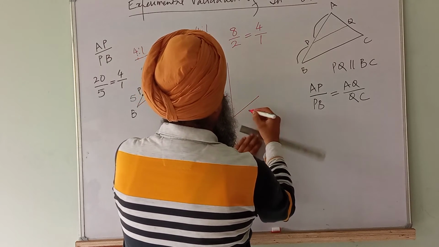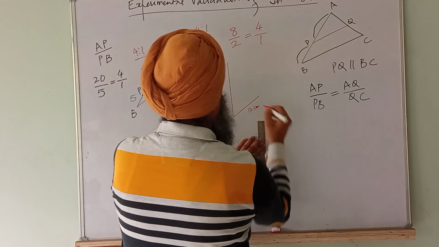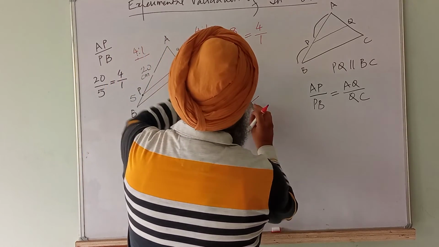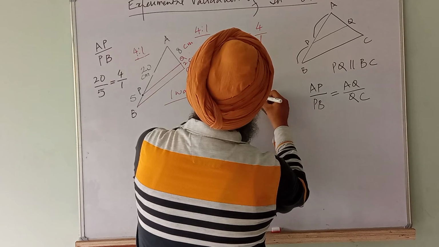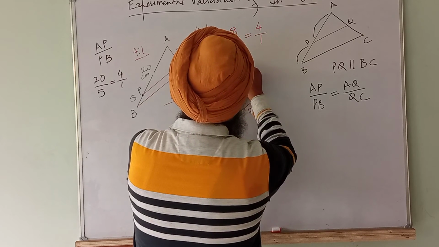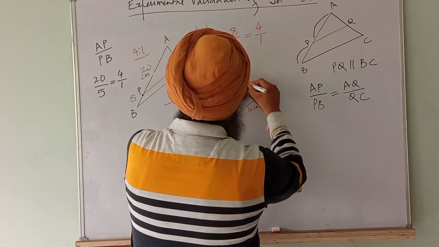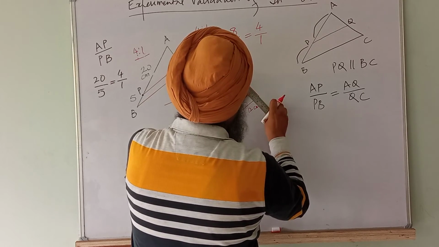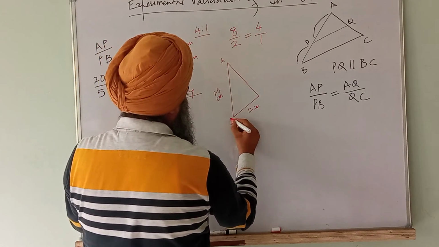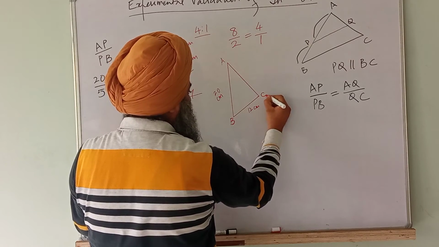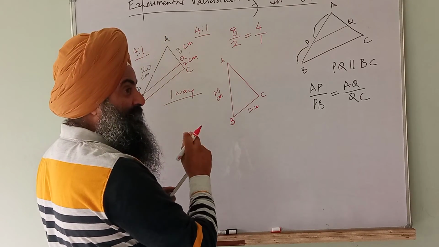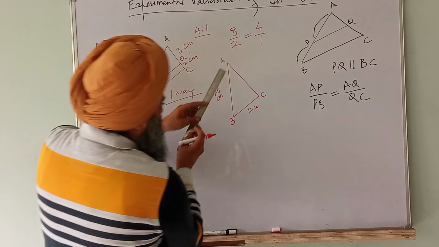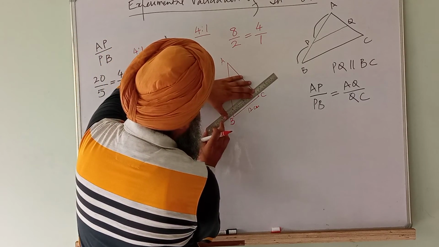I've taken it as 12 centimeter. Now I will join this. Now this is a triangle ABC. Alright, students. Now I will draw one line parallel to this.